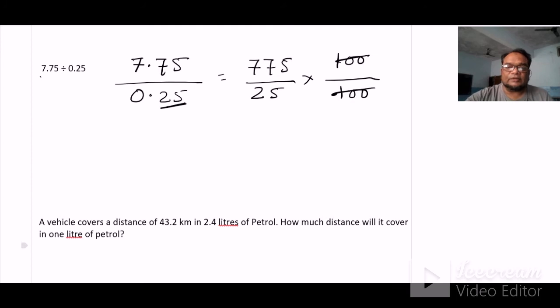This 100 is cancelled with this 100. 5 fives are 25, 5 ones are 5, 5 fives are 25, and 5 fives are 25. 5 threes are 15 and 5 ones are 5.